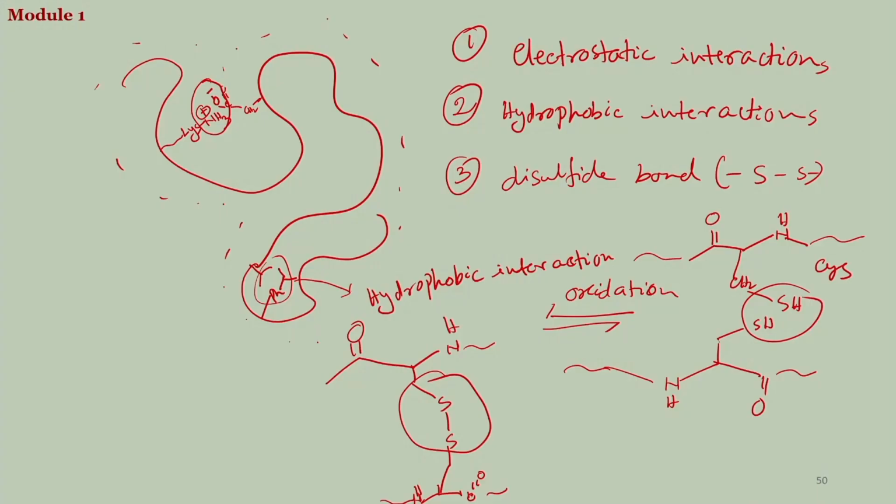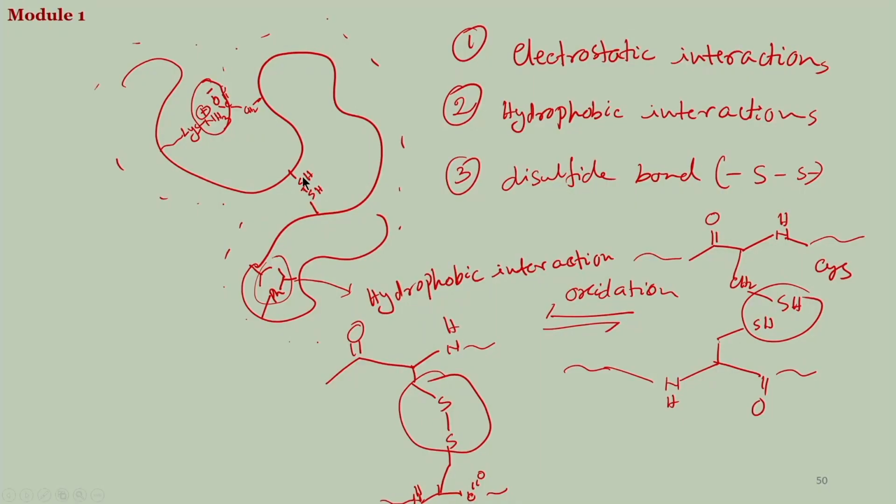And that will further force the helix or the beta sheet to mold and bring them closer so that they can form the covalent bond. So, here if you have an SH residue, or the cysteine residue, on the same strand, and somewhere else you have another cysteine residue, and if they are in an open chain, they will fold themselves and form the disulfide bond.